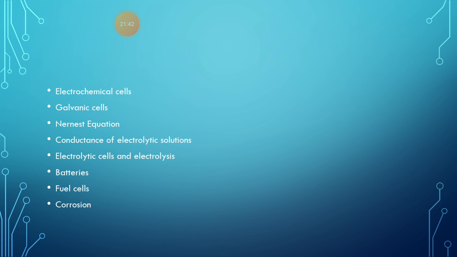Then the next chapter is electrochemistry, and in electrochemistry we are going to learn about the ideas which let us generate electricity by using the energy evolved in chemical reactions.